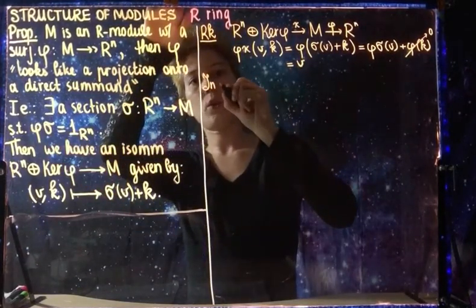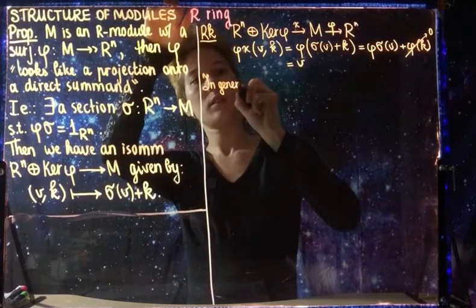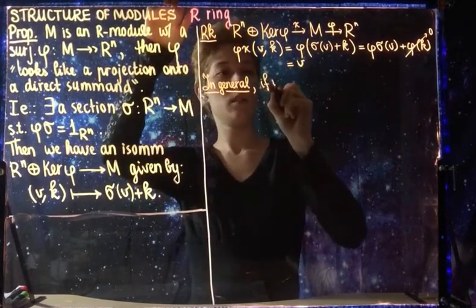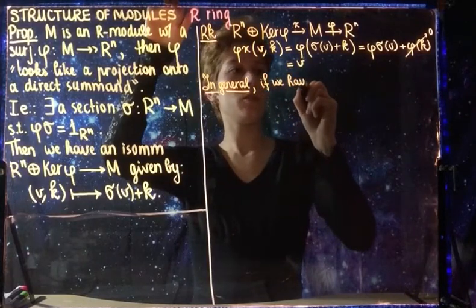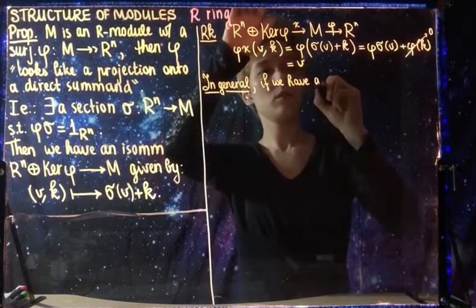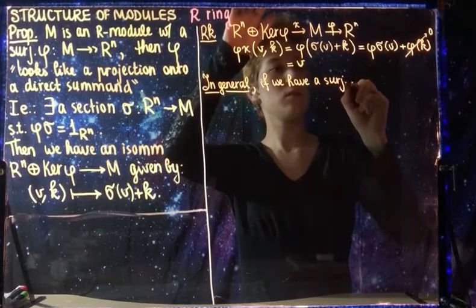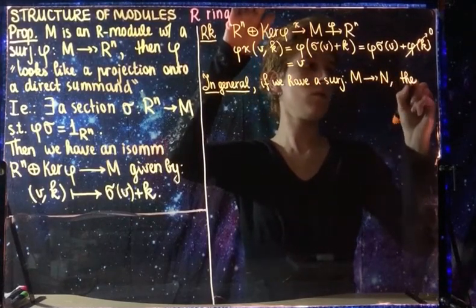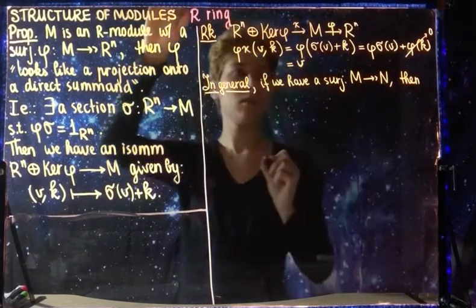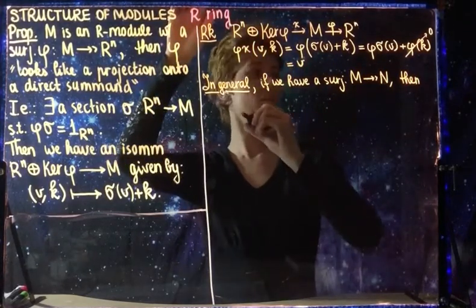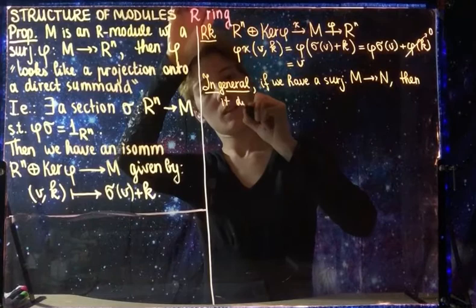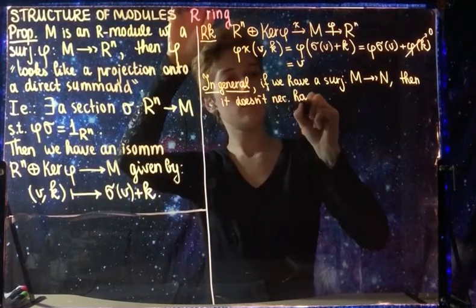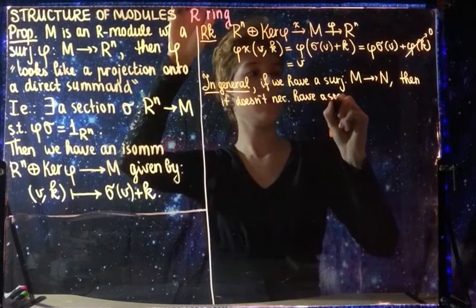And a word of warning is that in general, if we have a surjection of any pair of modules, then it doesn't necessarily have a section.